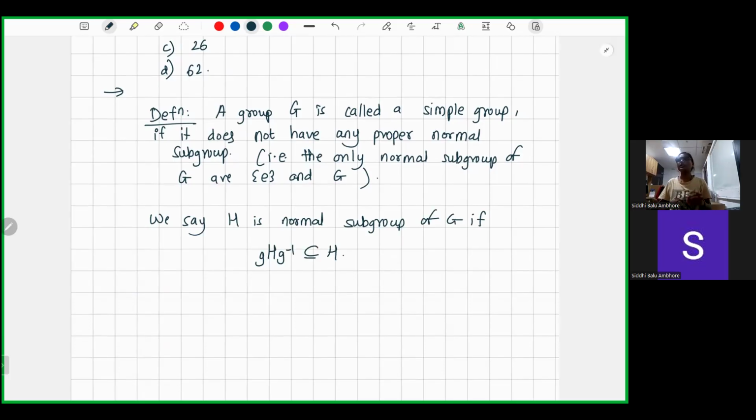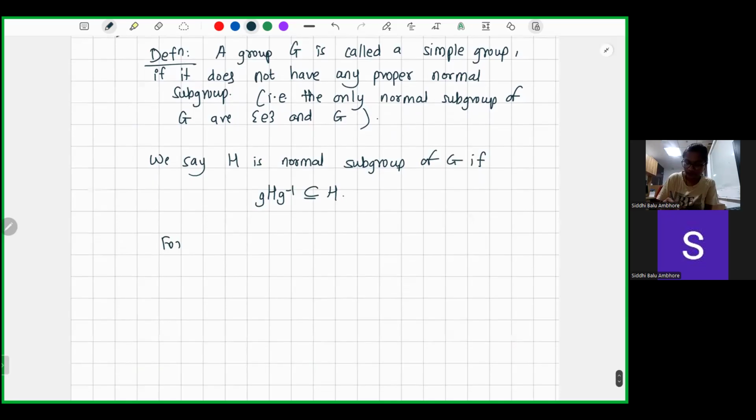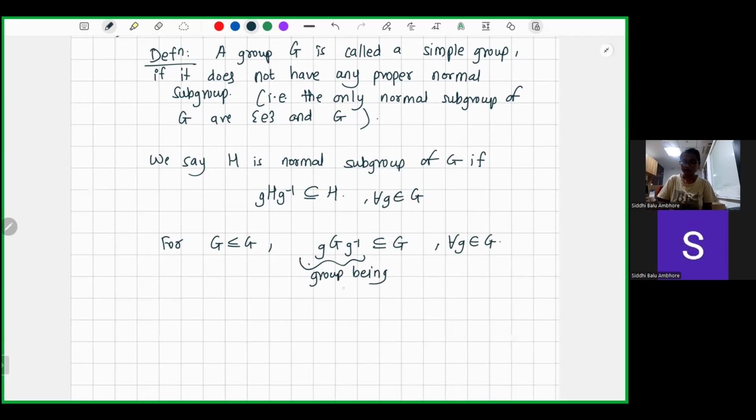In the case of G itself, G as a subgroup of G, g h g inverse is always contained in G. This is just the group being closed under multiplication.